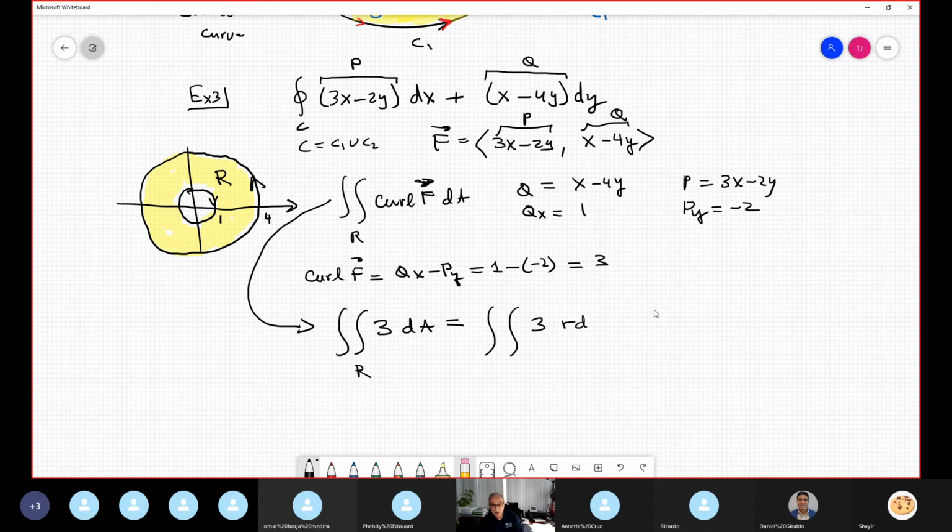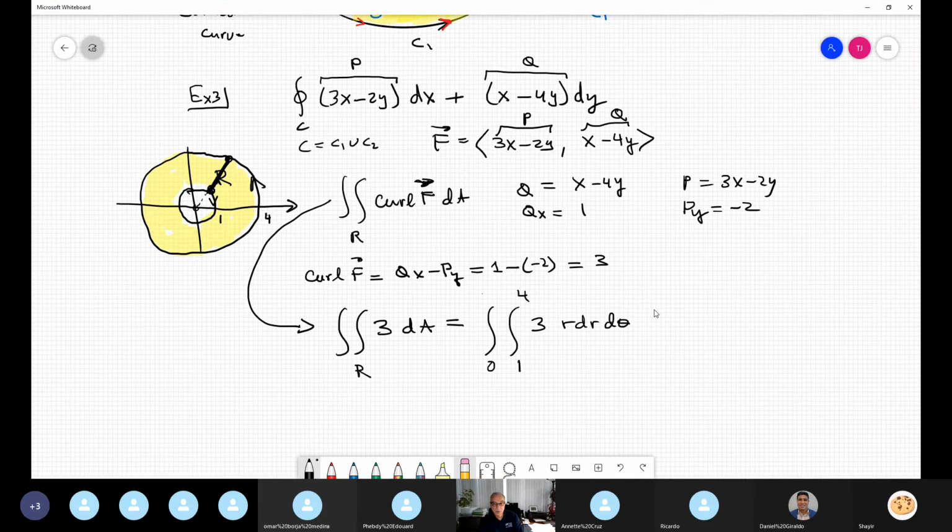So this is r dr dθ. r goes from 1 to 4. Look at that. The radius is measured from the origin, from 1 to 4. And it's obvious that theta goes from 0 to pi, because both circles are completely full circles.